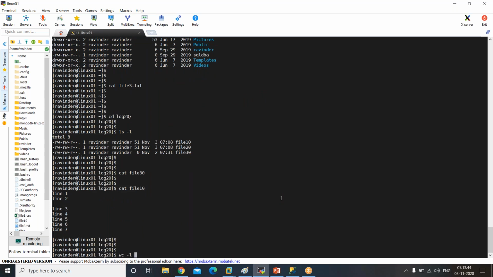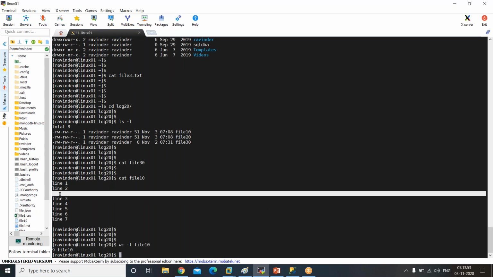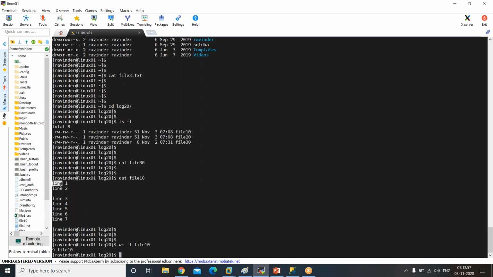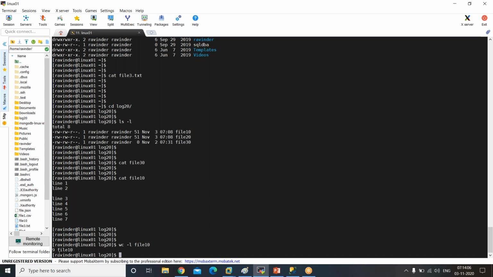L means lines. How many lines do we have in that file? It will tell you the complete lines in that file. If I do this, 9 lines we have. It even counts this empty line also. That's why it is 9: 1, 2, 3, 4, 5, 6, 7, 8, and 9. It is calculating total lines of the file basically.